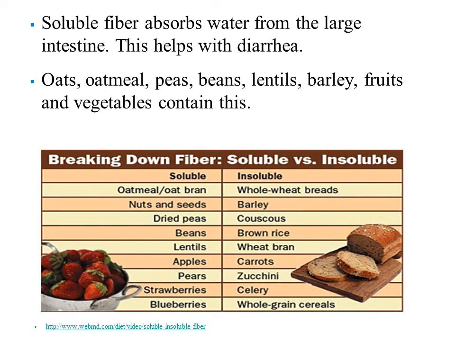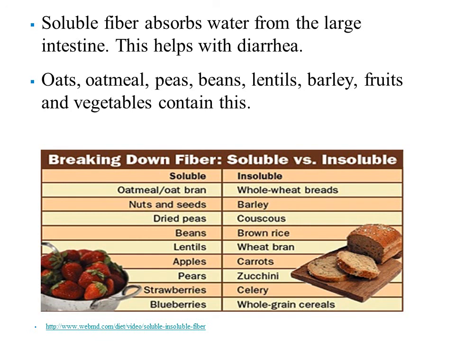Water will be absorbed out of the large intestines and into the bloodstream, where it will be filtered through the kidneys. So if you have diarrhea, consuming soluble fiber will help with diarrhea.